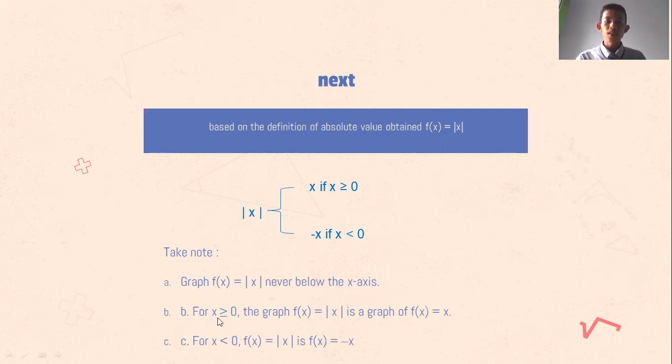B, for x more than or equal to 0, the graph f(x) = |x| is the graph of f(x) = x. And C, for x less than 0, f(x) = |x| is f(x) = -x.